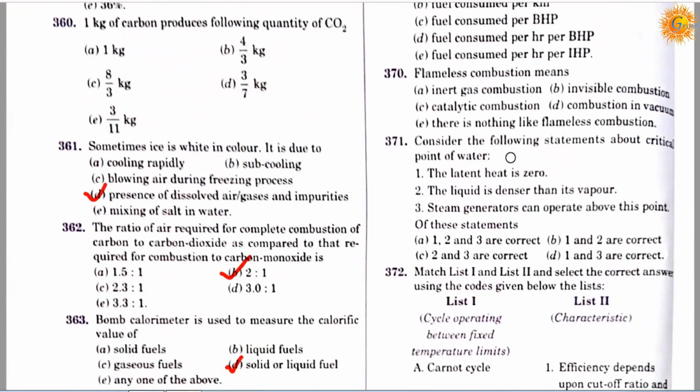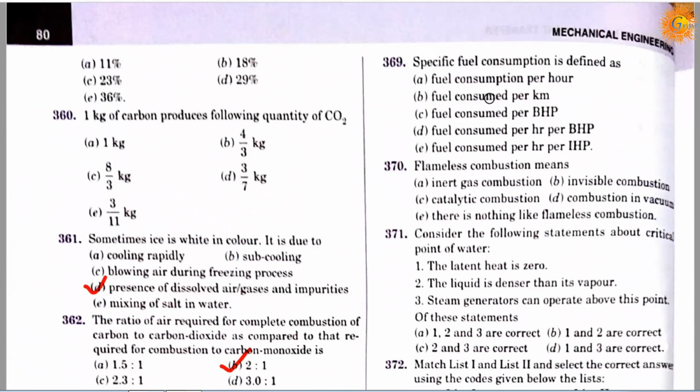Question number 369. Specific fuel consumption is defined as option A fuel consumption per hour, option B fuel consumed per kilometer, option C fuel consumed per bhp, option D fuel consumed per hour per bhp, option E fuel consumed per hour per ihp.